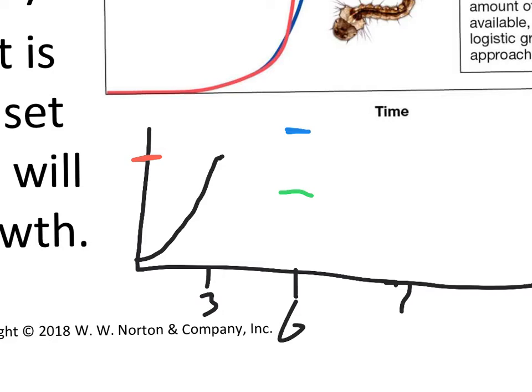So in other words, this capacity can shoot up, and then it's going to drop down to there and stay at that.